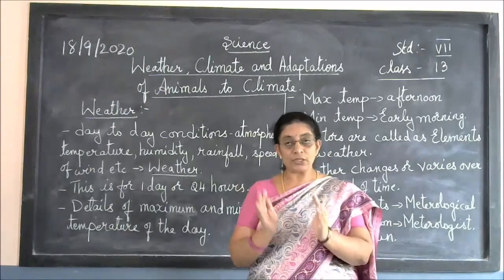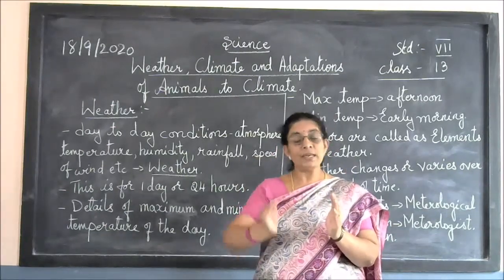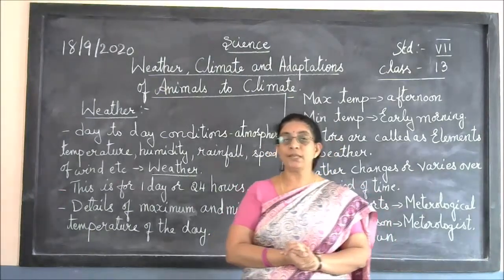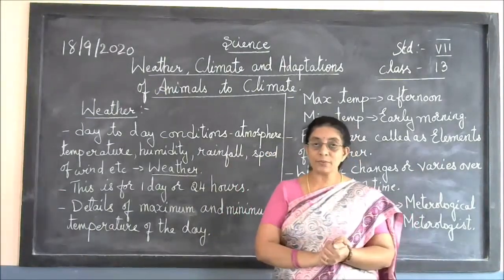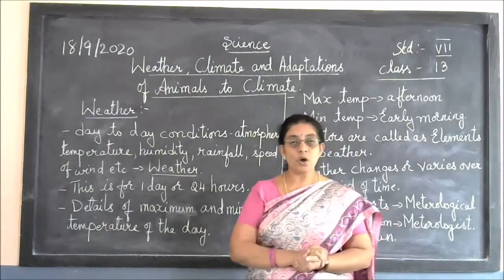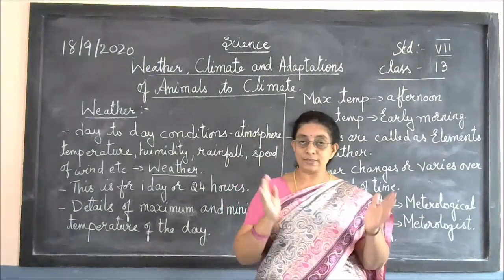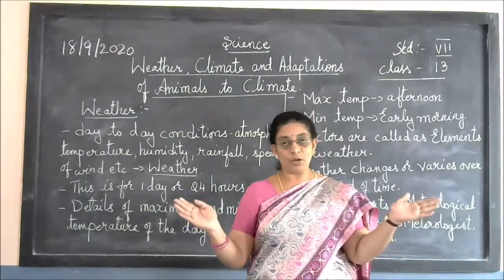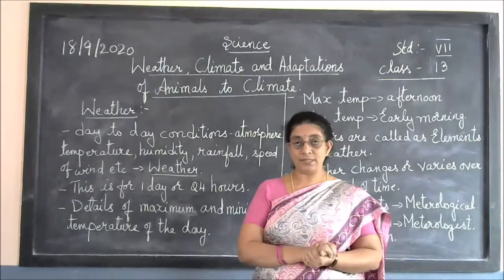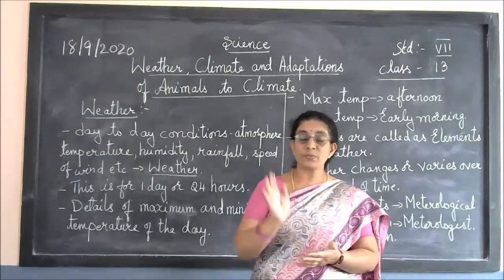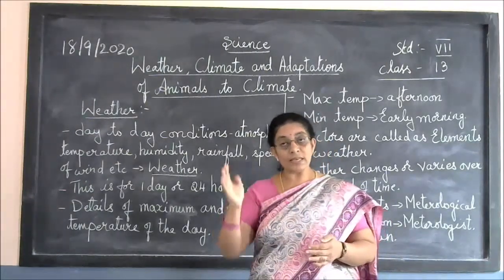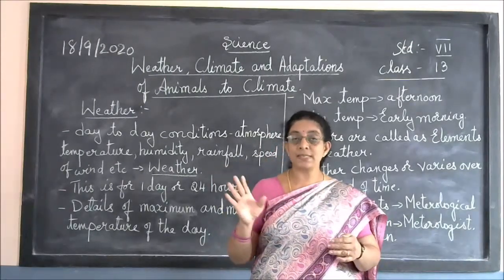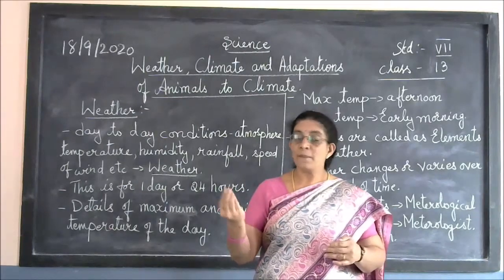Nights are short means the sun sets very late and rises very early. So the night becomes very short during the summer season, and during the winter season it is just the opposite. The daytime will be short and the night will be long, because during the winter season the sun rises very late, and in the evening by 6 o'clock the sun has completely set and there is no brightness outside.